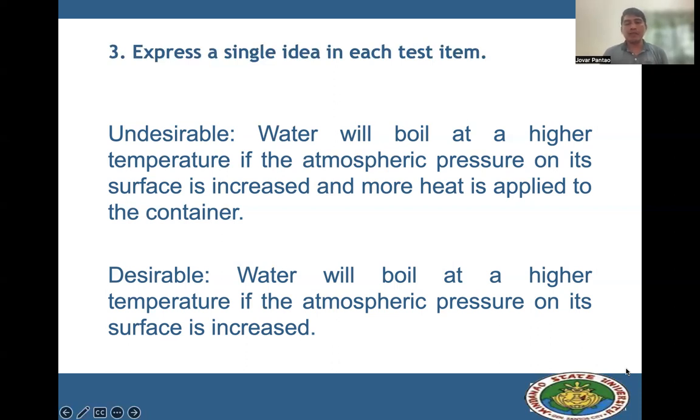So we can probably simplify and state a single idea only and improve that particular statement by stating it this way: water will boil at a higher temperature if the atmospheric pressure on its surface is increased. So there's only a single idea, unlike the first one. In the statement labeled undesirable, there is still an application of it which would probably confuse the students.